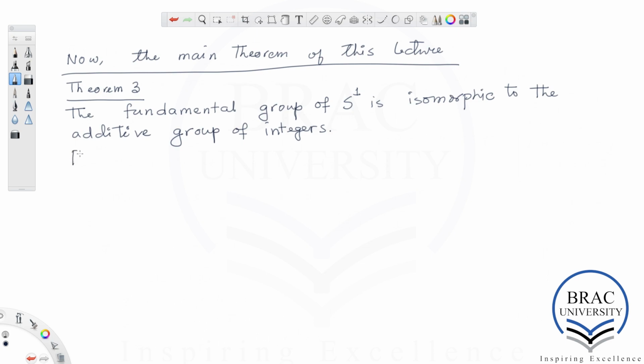It needs to be proved. Let us prove it. The main theorem. Let we choose the familiar covering map P from the set of real numbers to the unit circle. Okay, so this is the covering map.